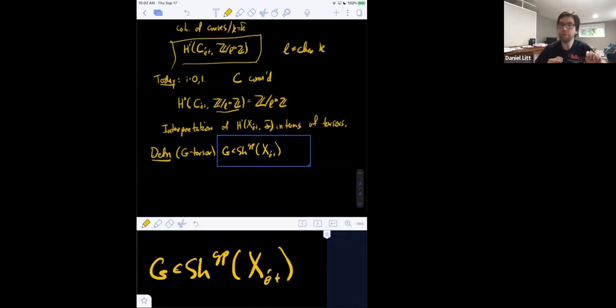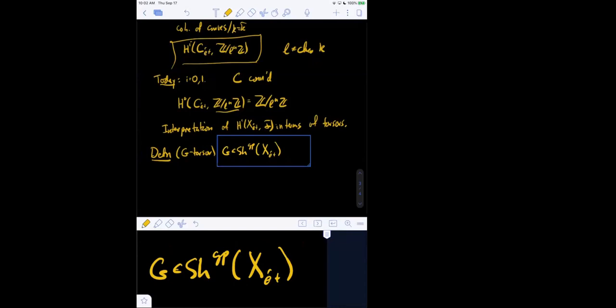Are there any questions, by the way, before I say what this definition is? The goal today is to figure out what H^1 of a curve is, or actually we'll basically do H^1 of any variety. I just wanted to clarify what your definition of a curve is. Is it complete? Is it smooth?